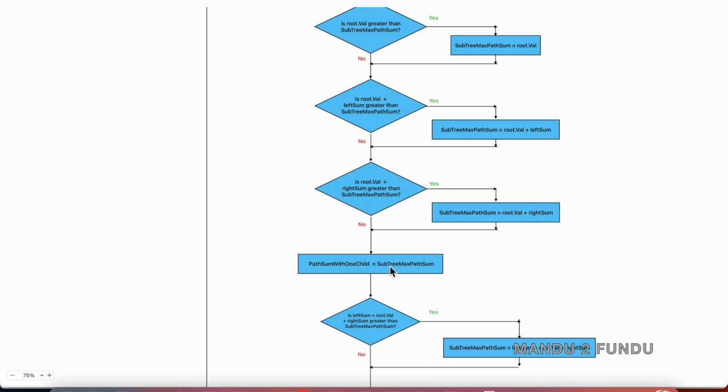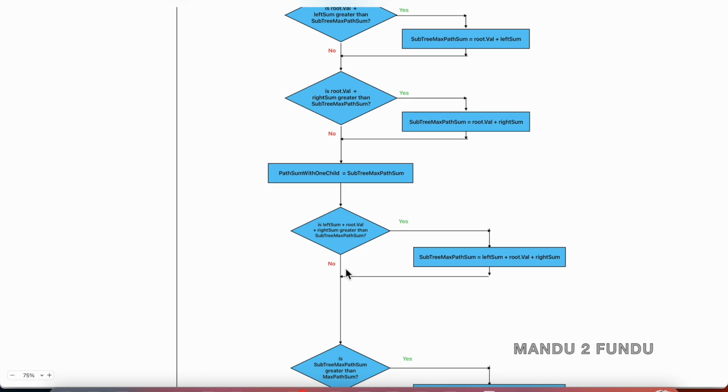Then the current value of the subtree max path sum will be assigned to a variable called path sum with one child. So whenever we return back to the parent, we can include only one of the children in the path sum value, because we cannot have two nodes in one end. Path starts from one node and ends at one node.